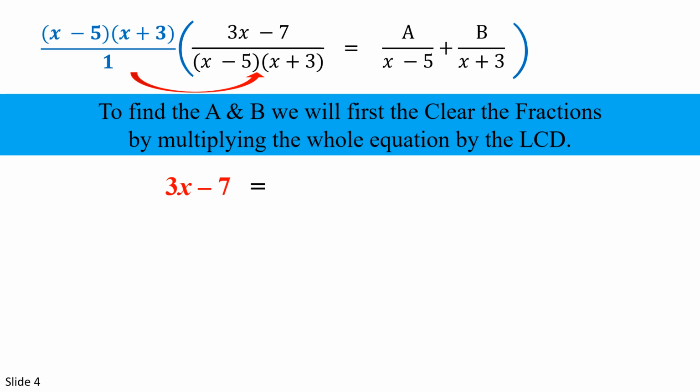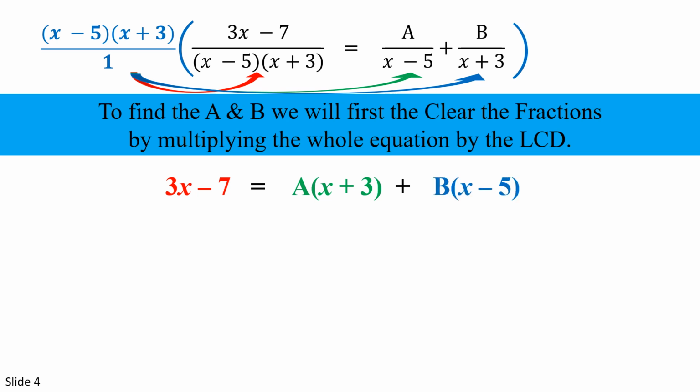So now on the right side, into the first fraction, the x minus 5's cancel, so I have A times x plus 3. And into the second fraction, the x plus 3's cancel, so I end up with B times x minus 5.